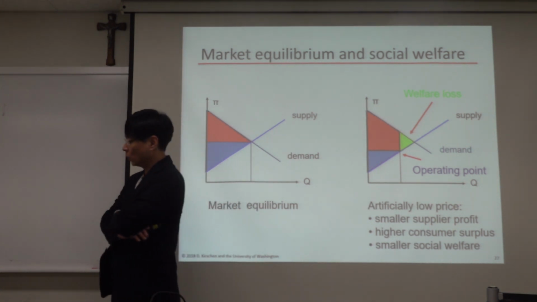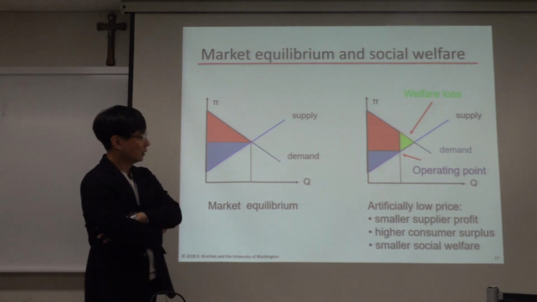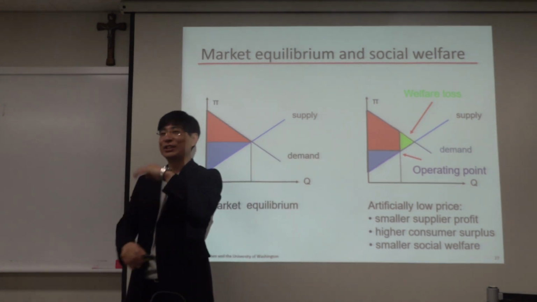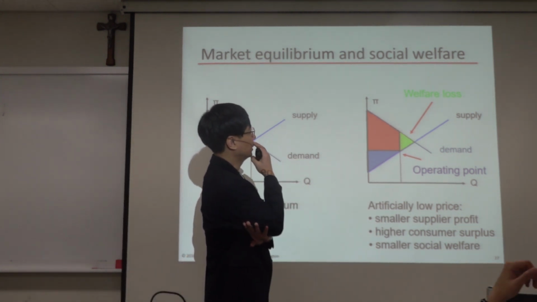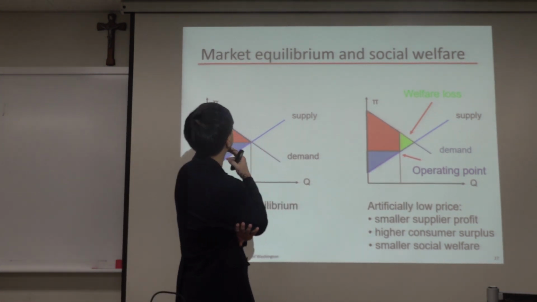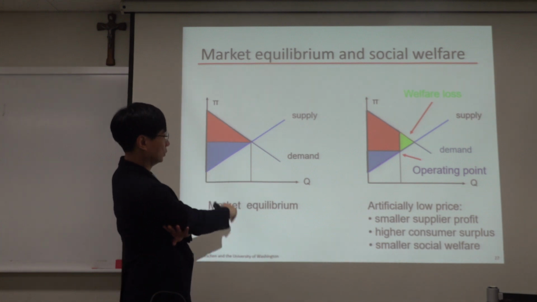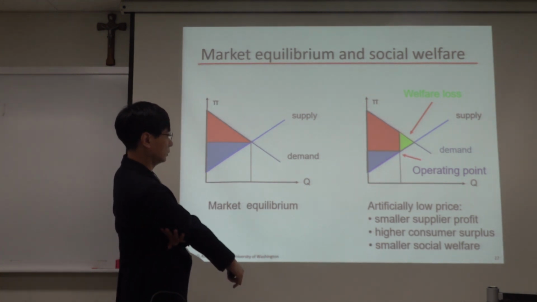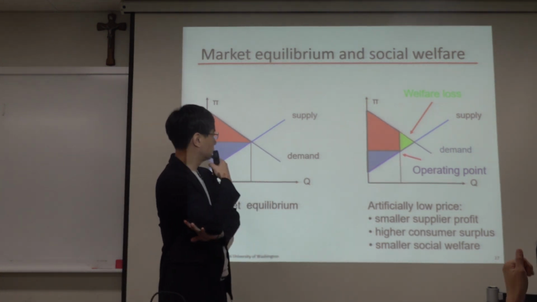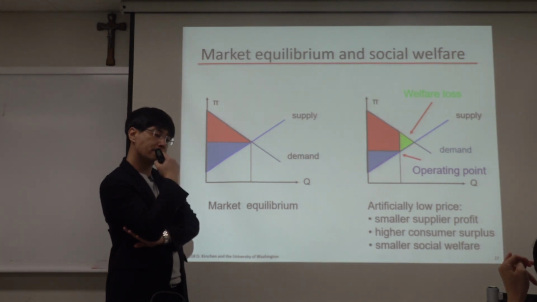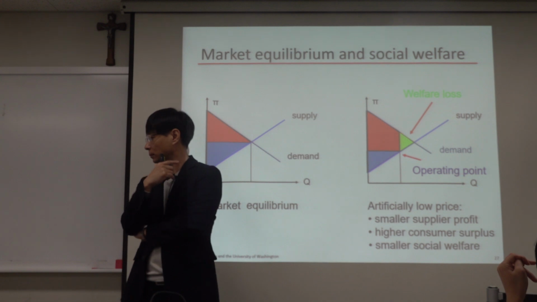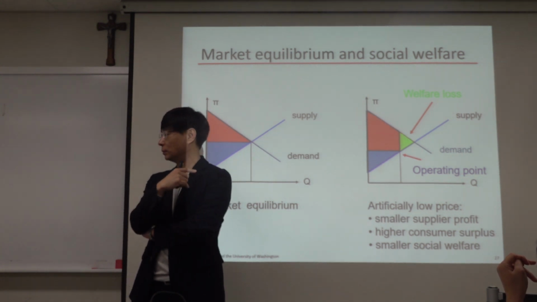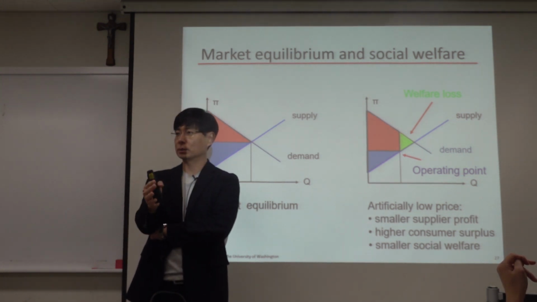Oh, what am I missing? Check it. Check your textbook. But it looks like market equilibrium and social welfare. So, is there anyone who has a textbook?